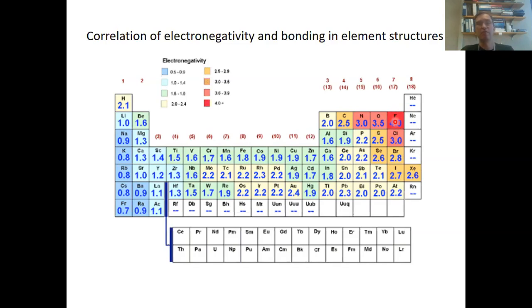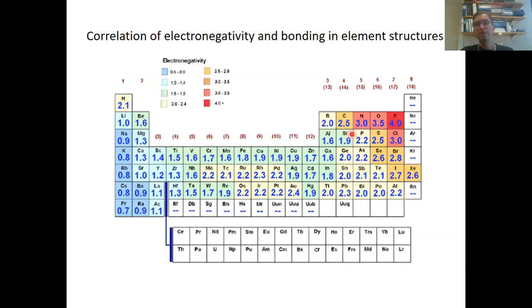But in contrast to the metals, the fluorine atoms all have a high affinity to these valence electrons, and that leads to the localization of the bonding electrons in between the atoms. That leads to the formation of a covalent bond.